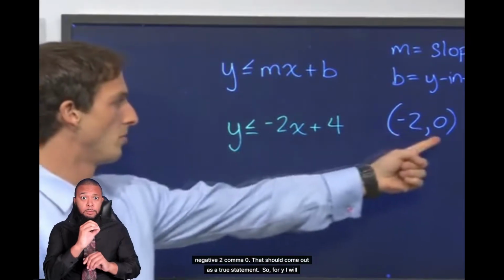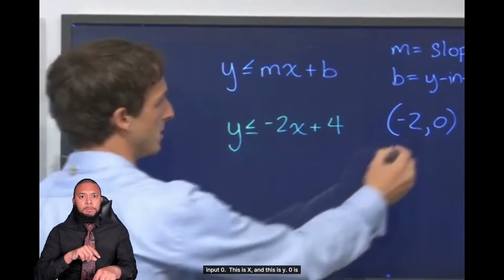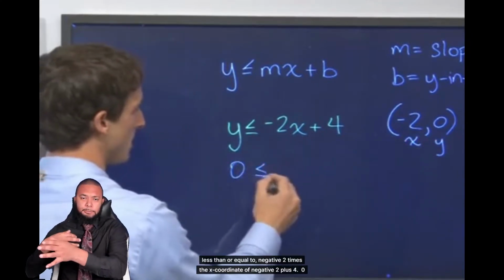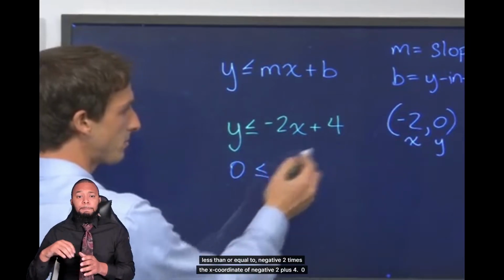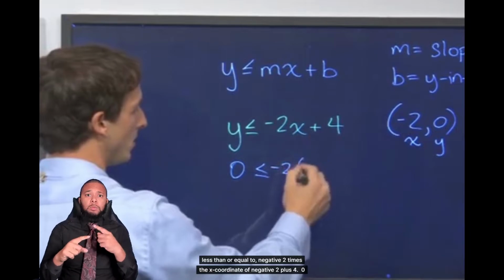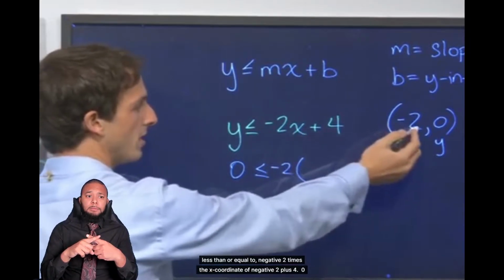So for y, I will input 0, because this is x and this is y. 0 is less than or equal to negative 2 times, was the x coordinate?